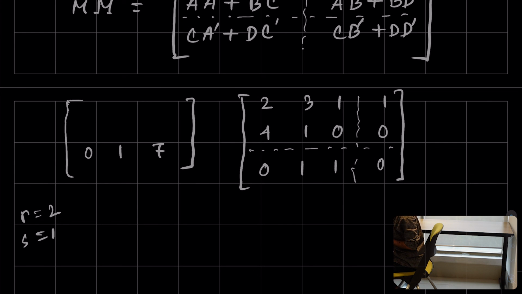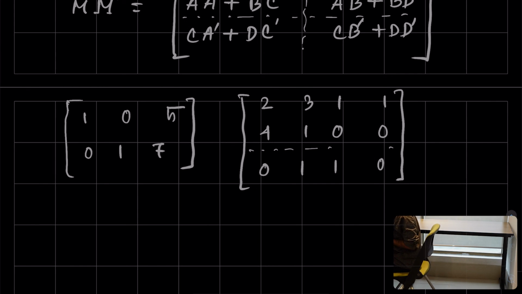So this is 1, 0, 5, and this is 0, 1, 7. Since this is a 3 column matrix, I can take R equals 1 and S equals 2. So what is the decomposition for this?